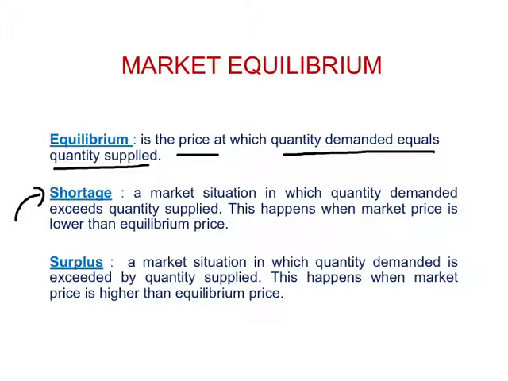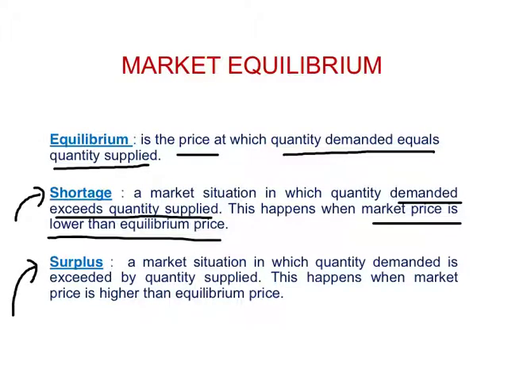It's a situation in which demand is greater than supply, and this happens when the market price is lower than the equilibrium price. Another term you should know is what is surplus, a situation in which supply exceeds demand, and this usually happens when price is higher than equilibrium price.